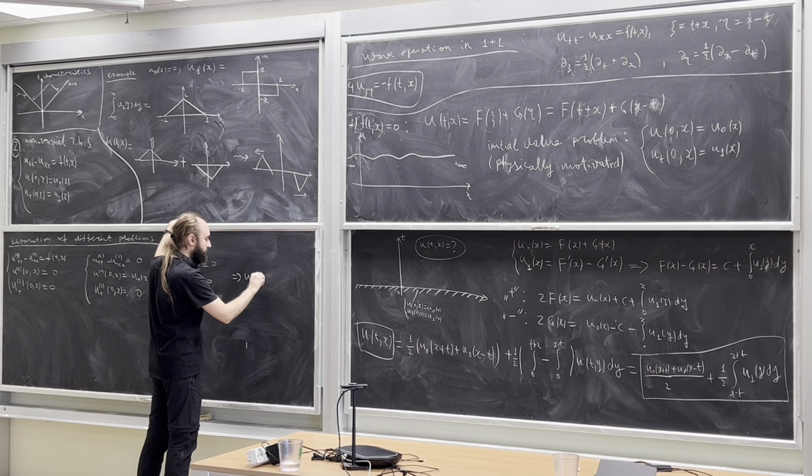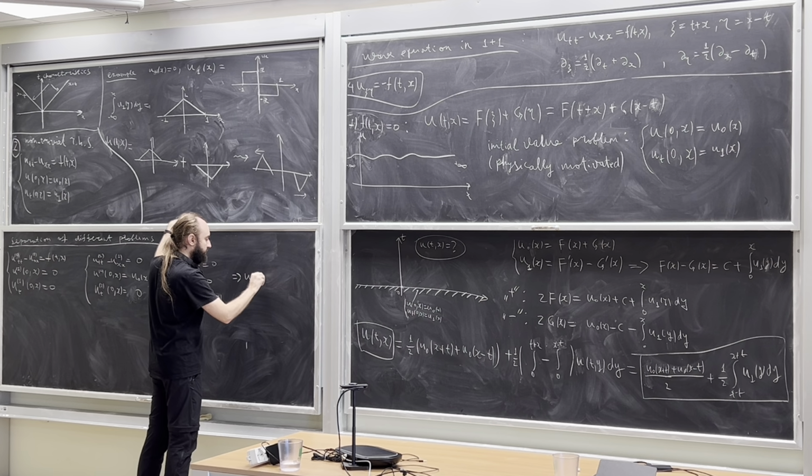Well, this is possible because we are studying linear equations. And we already saw this phenomenon for the problem with initial conditions, that it depends on u0 and u1 separately.